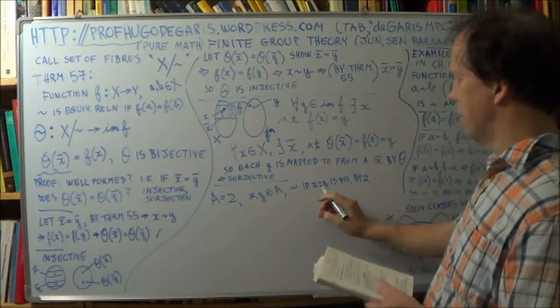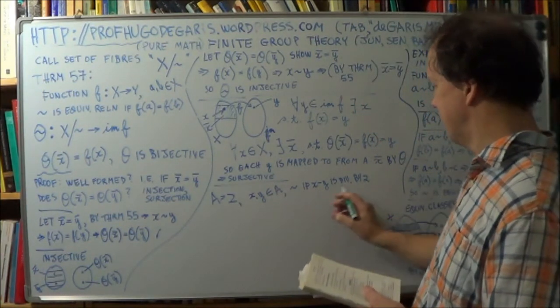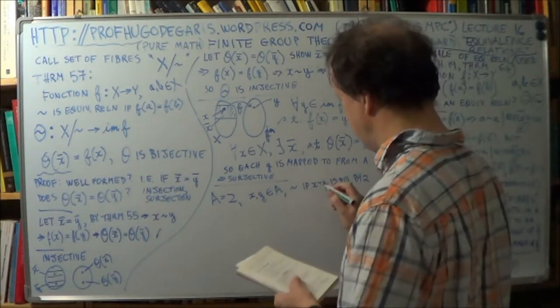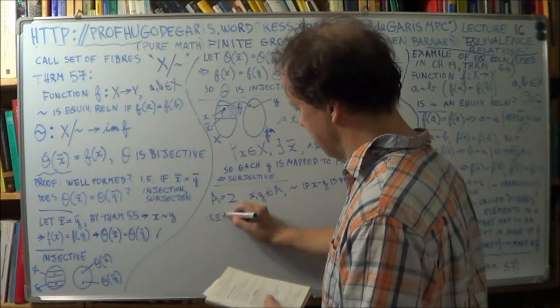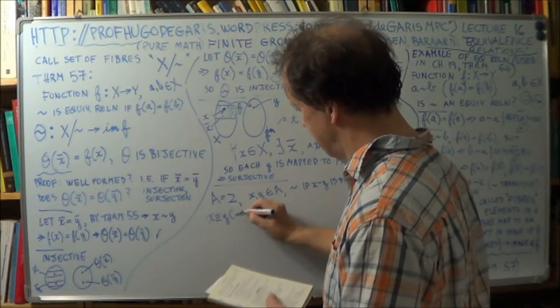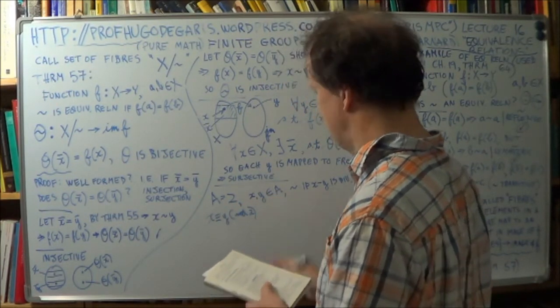So if the difference between them is divisible by 2, you can rewrite that another way. That's the definition of x is congruent to y mod 2, right?